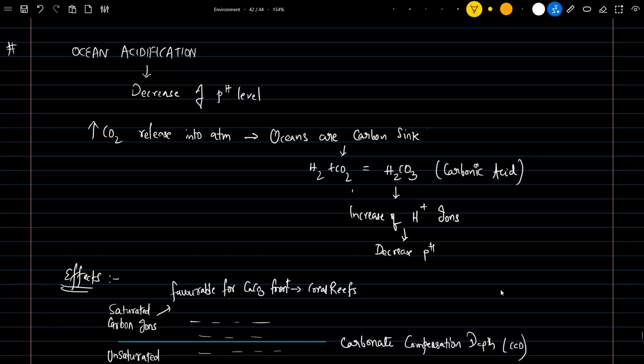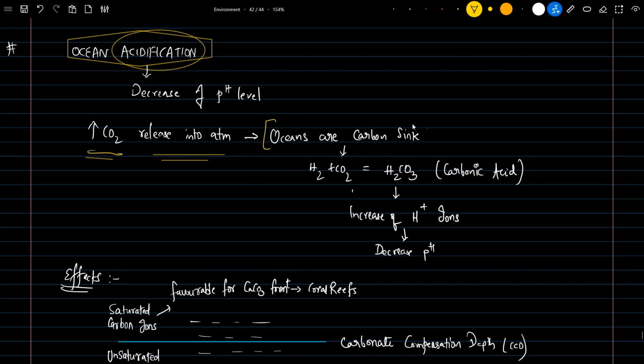Now let's understand the concept of ocean acidification. What does ocean acidification mean? Acidification here means there is a decrease in the pH value, the pH level. Let's say there is an increase in the CO2 released into the atmosphere by various man-made or natural activities.